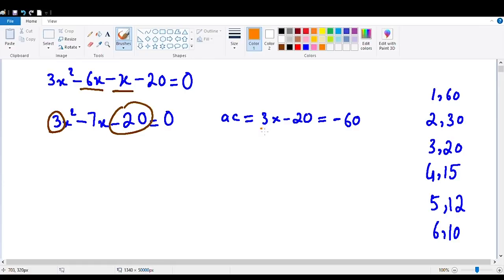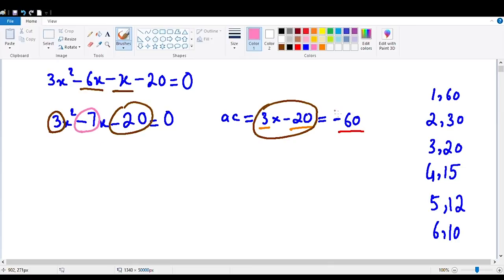Now, before we jump into the pairs, I want you to look at one thing. Over here you can see this is 3 and this is minus 20, and it gives us minus 60. So what I'm trying to say is that one of these two factors giving us minus 60 is negative and the other one is positive. So that means that the two terms we're going to split this minus 7 x term into, one of them has to be negative and the other one has to be positive.